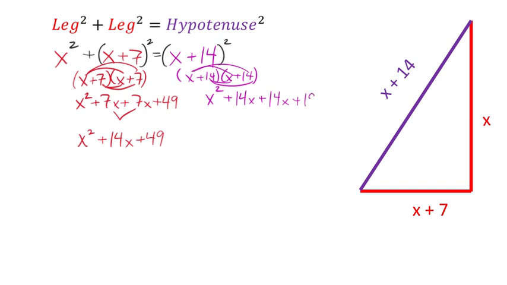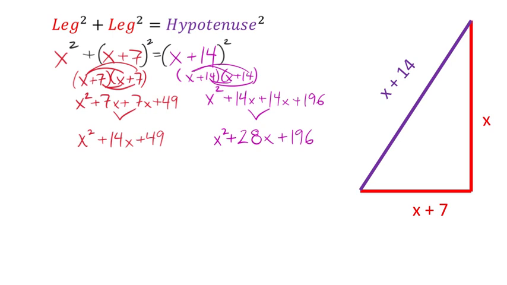And then 14x plus 14x is 28x. So now I've got x squared plus 28x plus 196. Okay, so that's the expanded form of those squares.